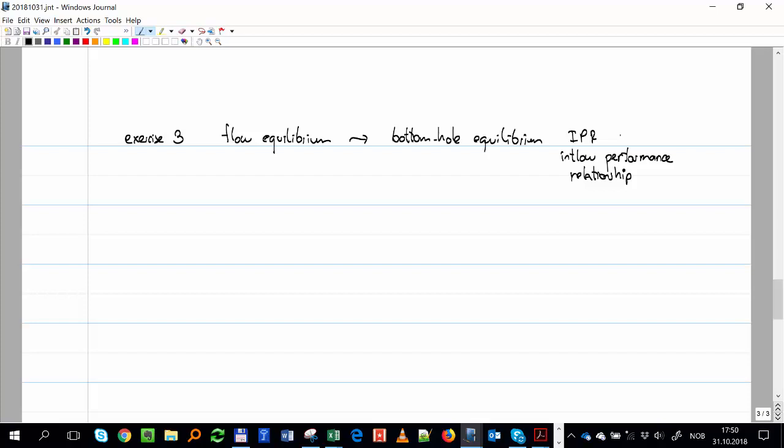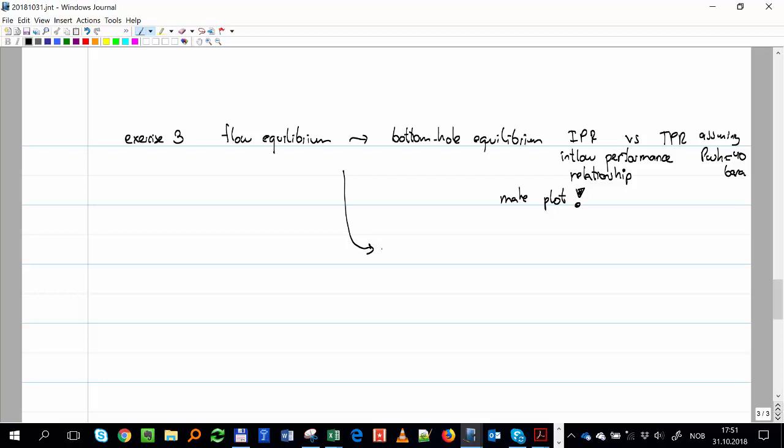So bottom hole equilibrium, IPR versus TPR, assuming PWH is 40 bar. I want the plot, you have to make the plot. That's the first task.